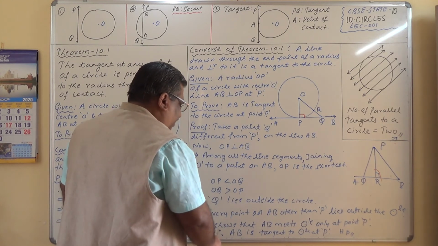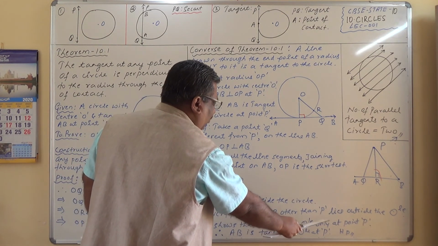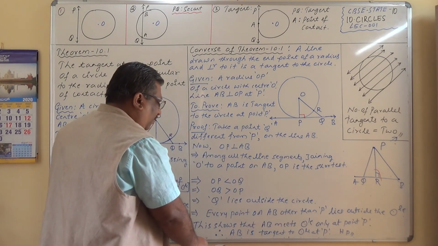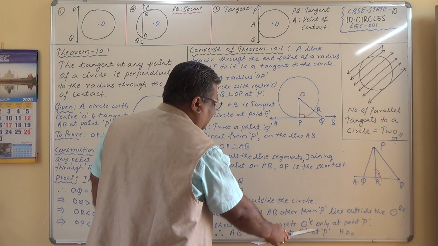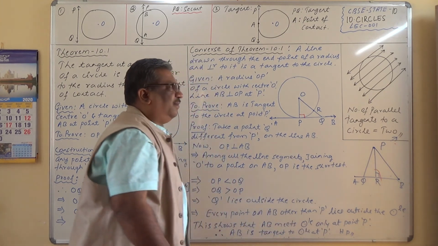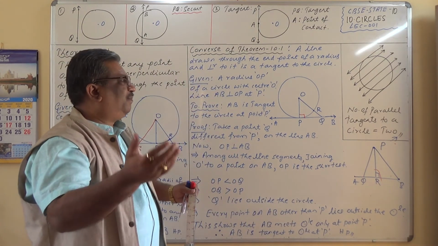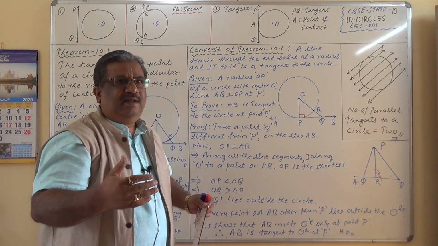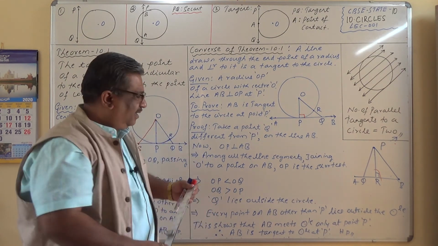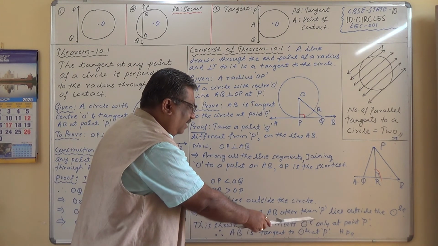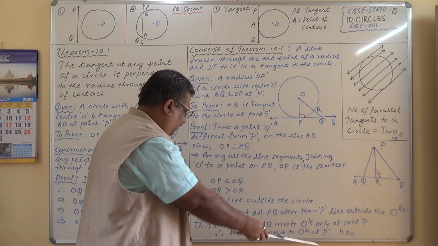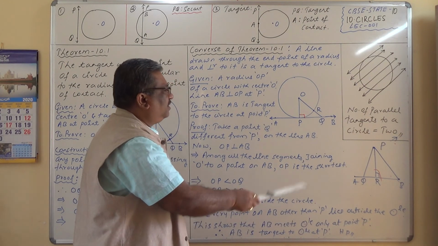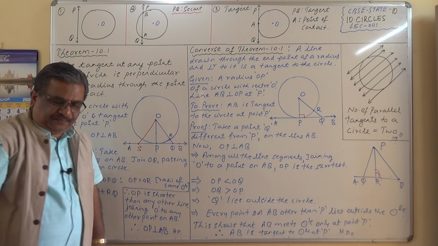So this shows that AB meets the circle only at point P, and therefore AB is the tangent to the circle at point P. Because a line that meets the circle at only one particular point is called a tangent. So this is how we can prove the theorem.